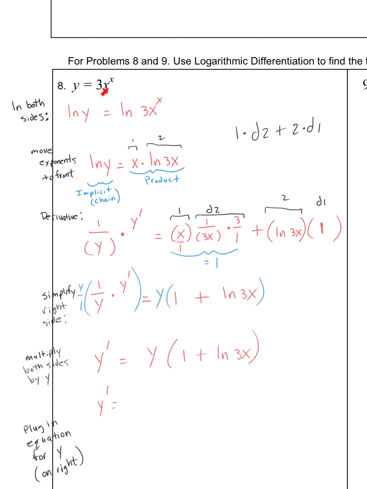Y is equal to 3x to the x. So that becomes 3x to the x, and then 1 plus ln 3x. And that is our final best log differentiated answer. All right, lots of fun. All right, one more to go.